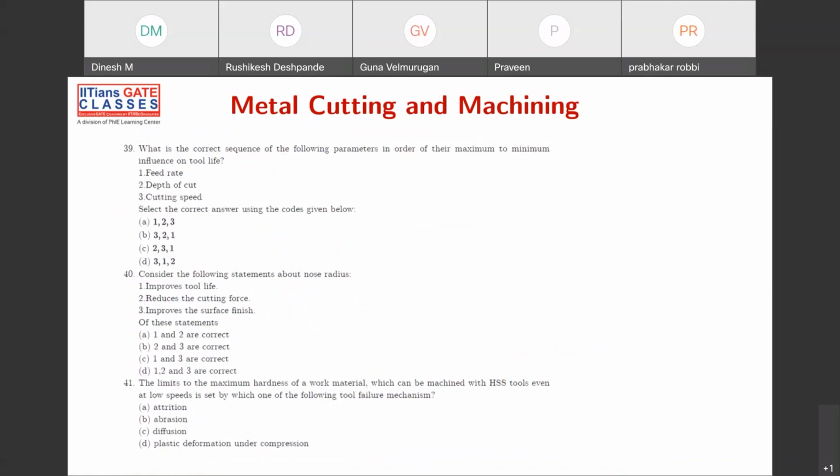It's all Taylor's tool life only. Tell me the answer of the 39th one. The rest of the questions I'll be putting in the WhatsApp group with the key. Please try to attempt them without seeing the key, then check with the key. Any doubt, you can post the question in the WhatsApp group and we'll discuss. For now, just solve the 39th question.